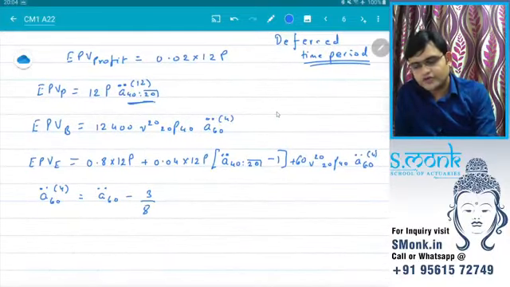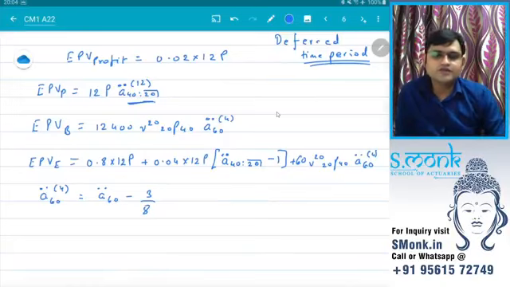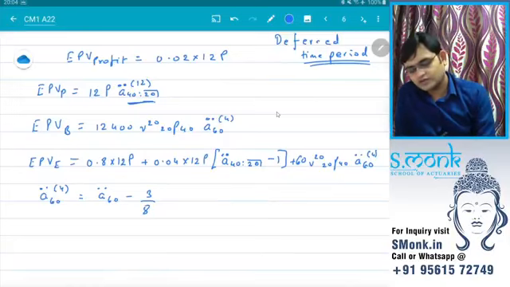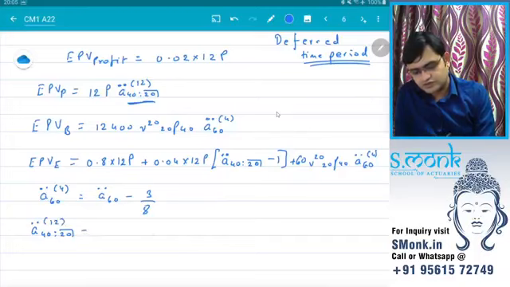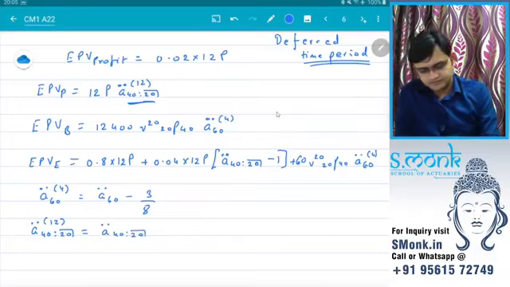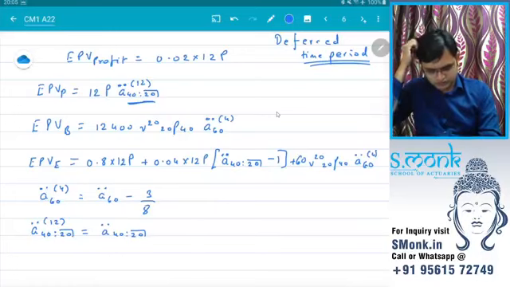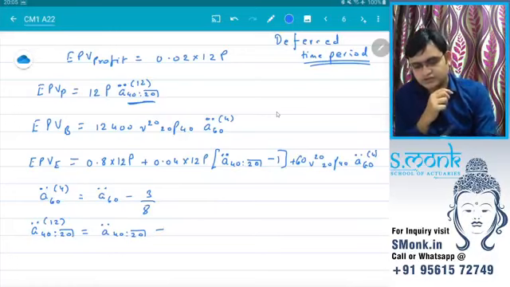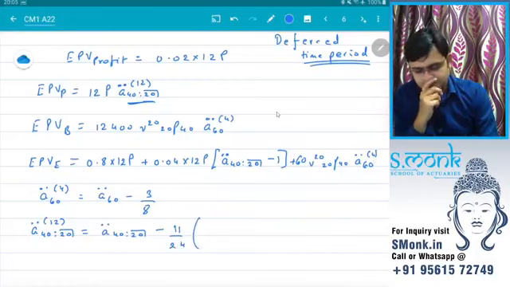Then a due 40:20 payable 12 times, we can directly take the a due 40:20 from the endowment table, and it will be a due 40:20 minus (m minus 1) by 2m, that would be 11 by 24, into (1 minus v raised to 20, 20p40).